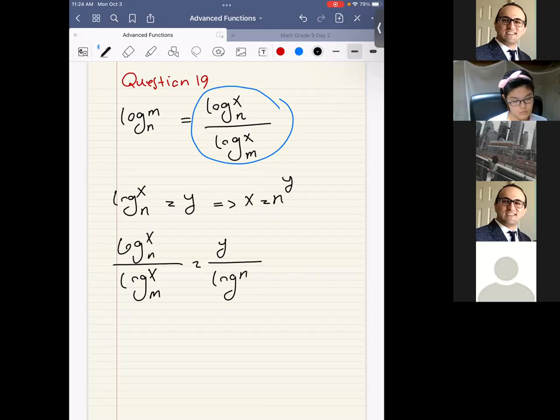So I just write n to the power y, and here is m. So you have y over, but the denominator is just y times log of n with base m.